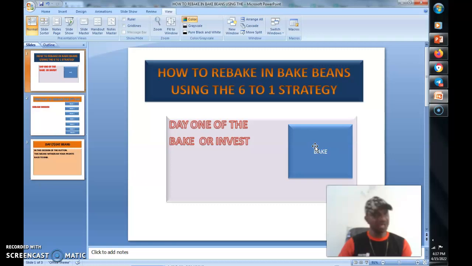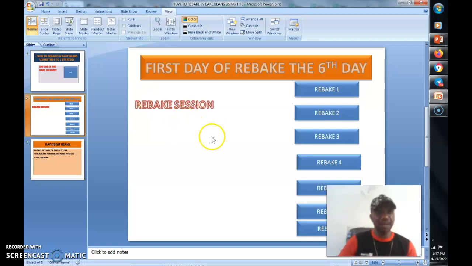Remember, the first day you baked, the second day you are rebaking. Rebaking here means you are compounding, because it runs in a compounding system.